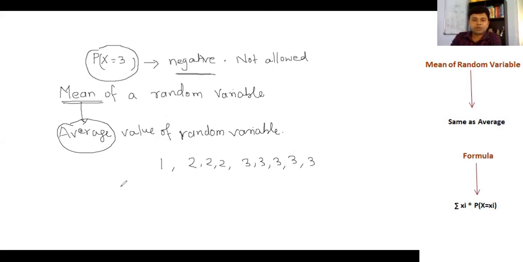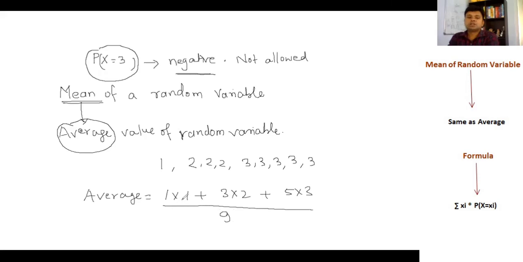So the average will be 1 into 1 plus 3 into 2 plus 5 into 3, divided by the total, 9. This is the average. Everybody knows the concept of average.